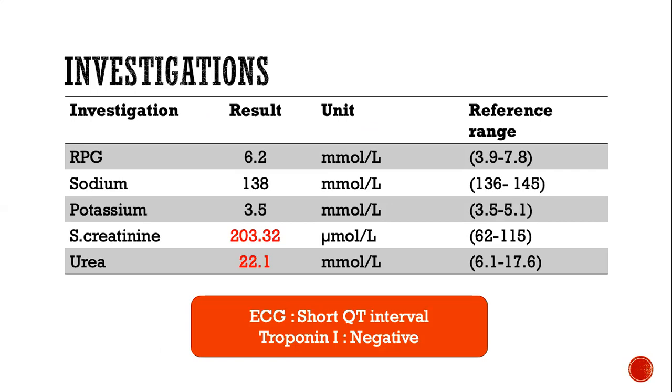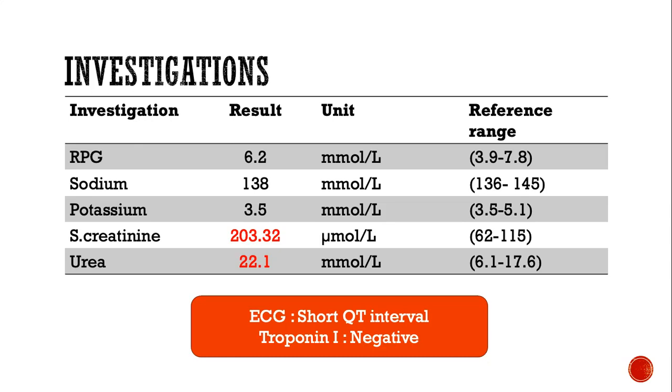Since he had a sudden onset neurological deficit with confusion, first line investigations like random plasma glucose, serum electrolytes and renal function tests were done, and only serum creatinine and urea were elevated. Since he had bradycardia and hypotension, ECG and troponin I were done to exclude myocardial infarction.